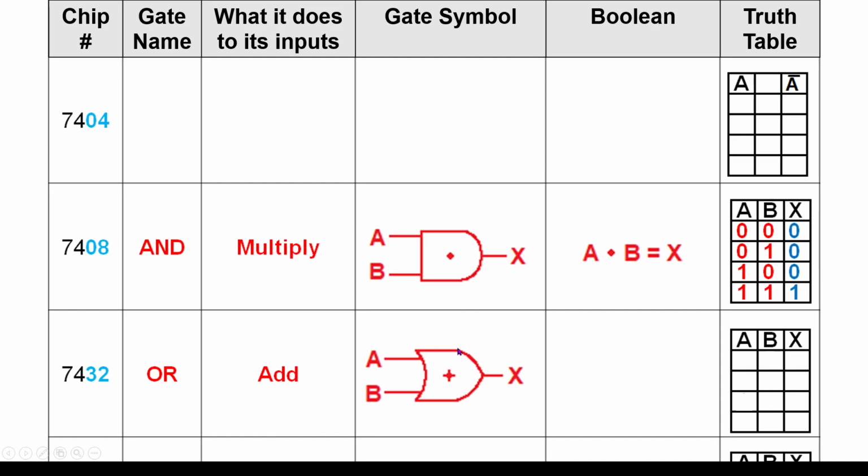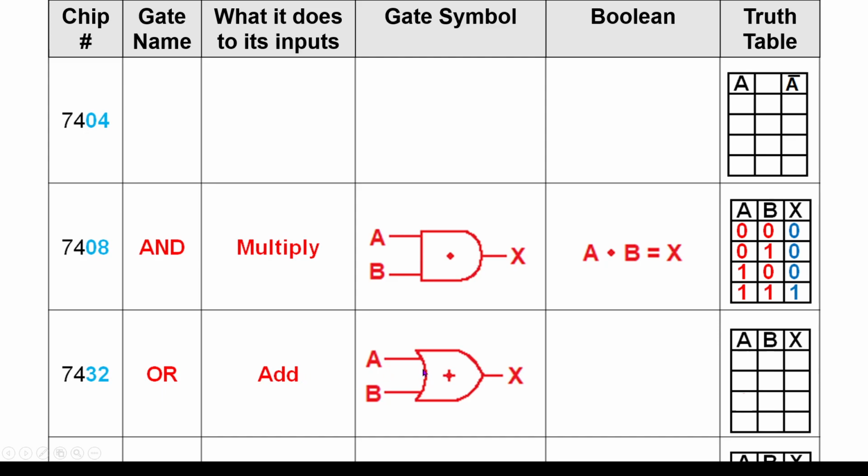The OR gate is pointy. In fact, OR ends with an R. If that were a lowercase r, you could imagine that this shape here is an R. And that would help you remember that an OR gate is shaped a little bit like a lowercase r, but there's more lines. I don't know if that helps or not.